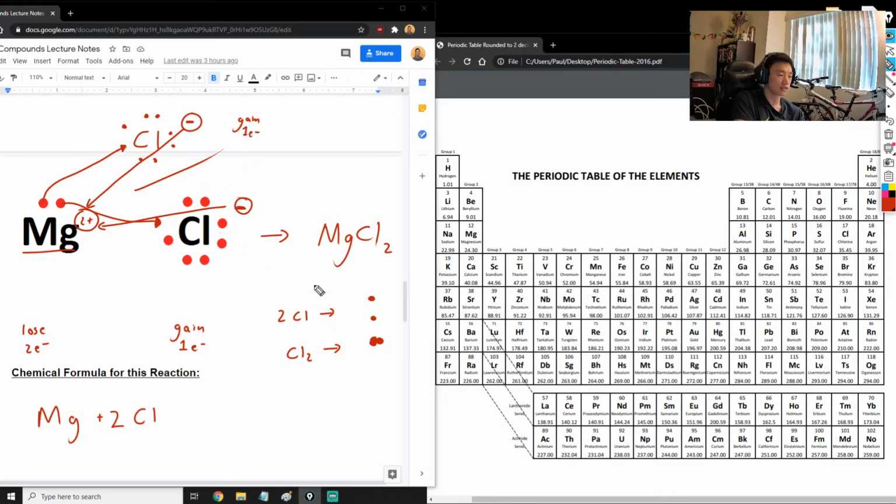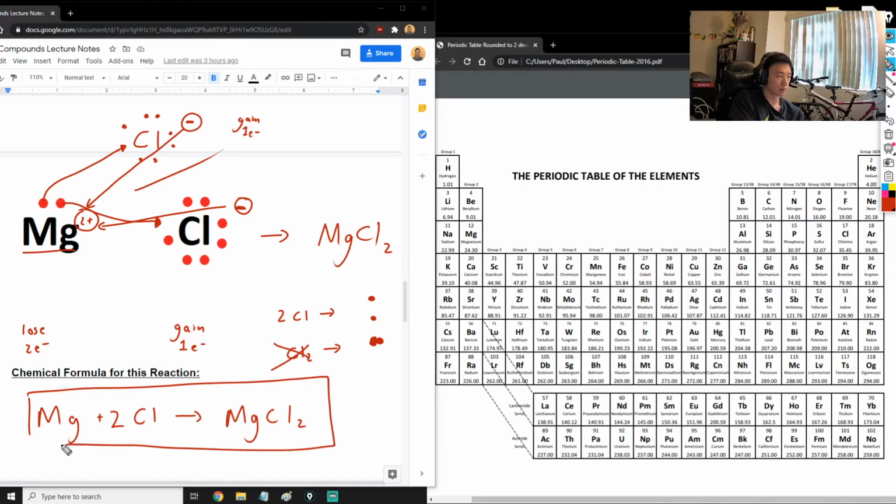Since they started off separately, this is the wrong way to write it. We need to write 2 Cl's to show that there are 2 different Cl atoms. Okay, and they combine together to form MgCl2. So this would be your chemical formula, and this is going to tell you how the electrons move between these atoms.